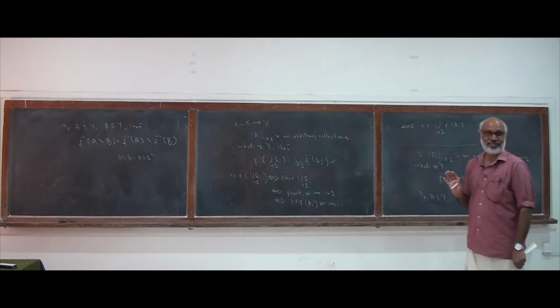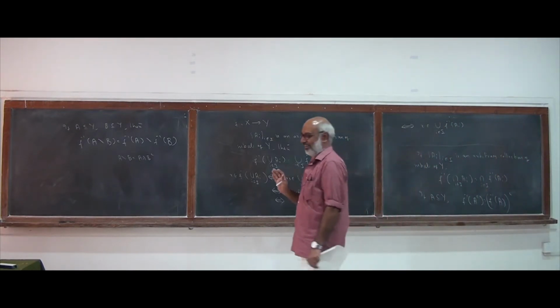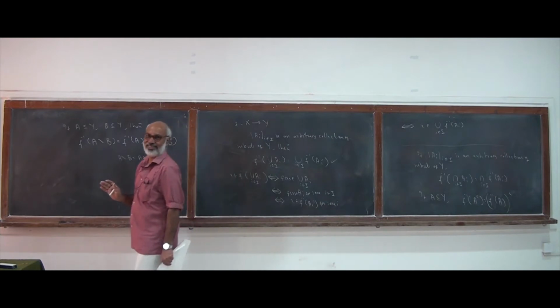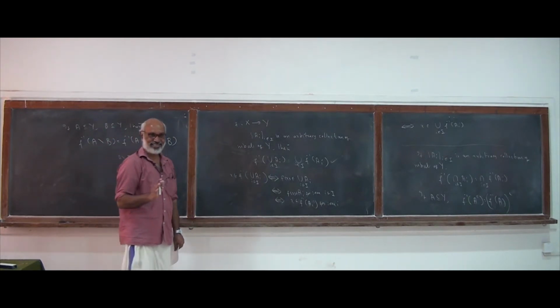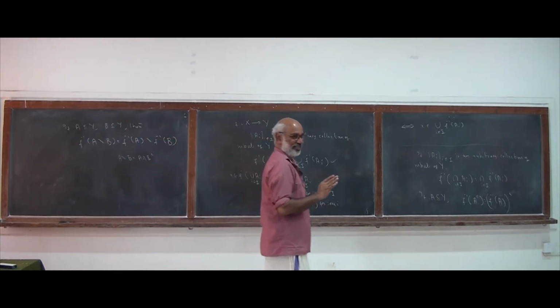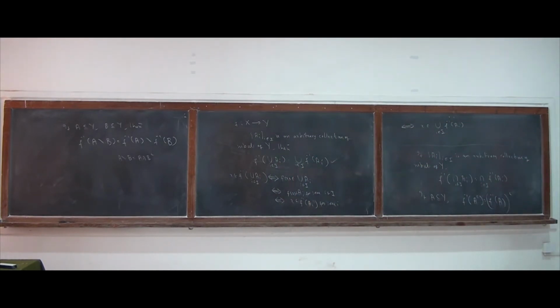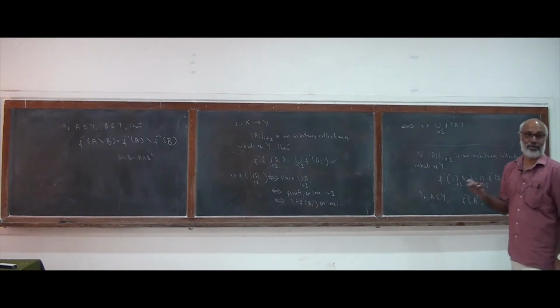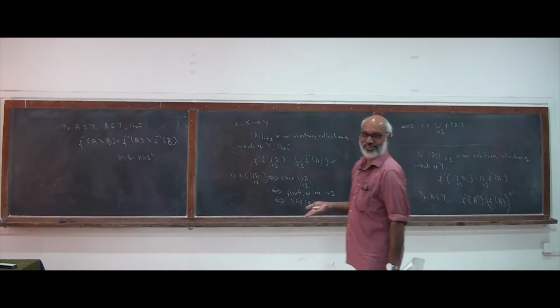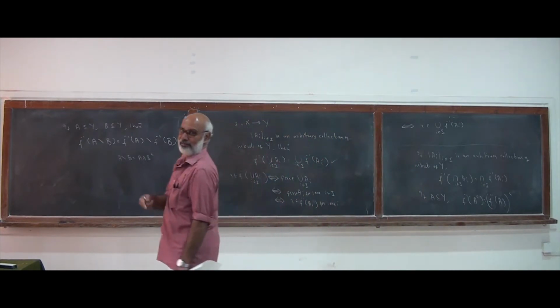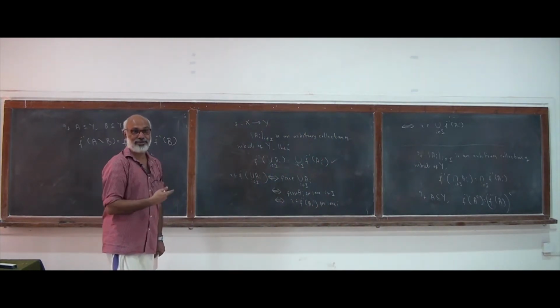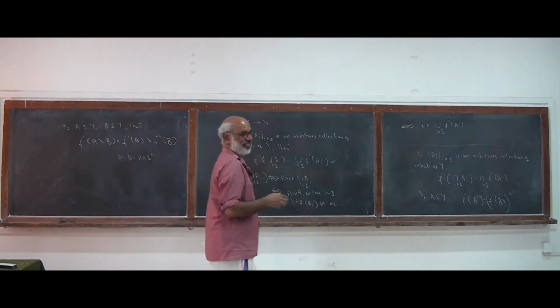So the moral of the story is that inverse image preserves all these operations. That is, union operation, intersection operation, complementation, difference, everything. Consequently, that will also preserve symmetric difference. The inverse image of a symmetric difference is the symmetric difference of the inverse images.